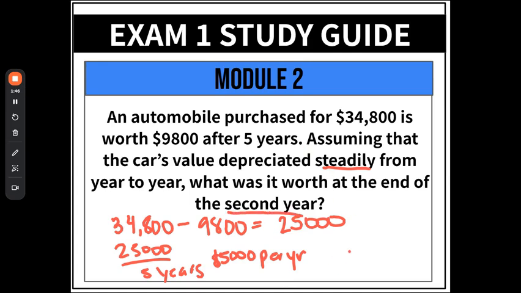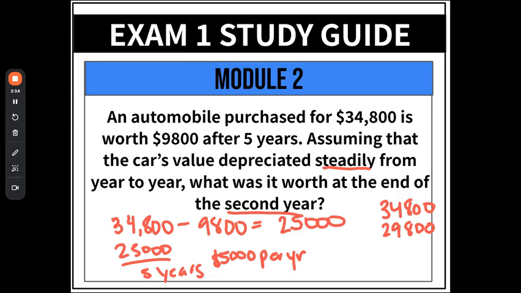All right. So now they would like to know what was it worth at the end of the second year. So when they bought it, it was worth $34,800. After the first year, what was it worth? So we can do 34,800 minus 5,000 gives us 29,800 at the end of year 1.